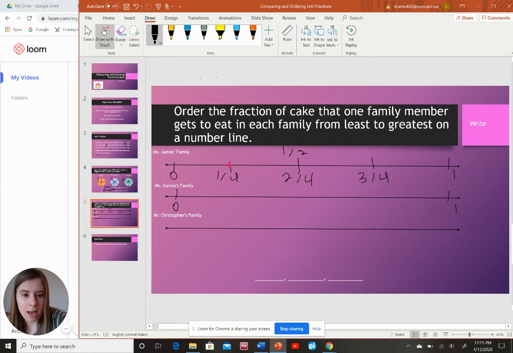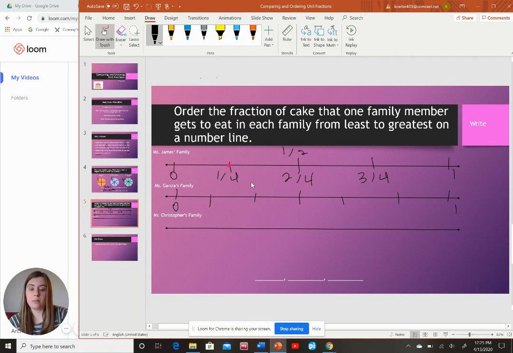I'm going to split it in half since it's an even number. And then since she needs 6 pieces, I know that there needs to be 3 pieces on this side and 3 pieces on this side. So I'll go ahead and split those. And then I'll see that I have 1, 2, 3, 4, 5, 6 pieces. And then I can label.